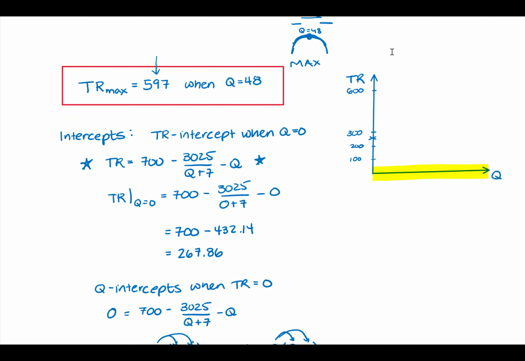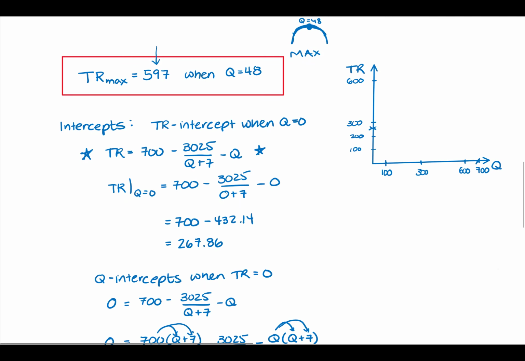So coming back to our graph here, we would graph it maybe all the way to 700. So I know that at 695.7, right around this 700 value, I would have an intercept there. The other key point that I would have is my TR max when Q is equal to 48. So that's going to be right around here.